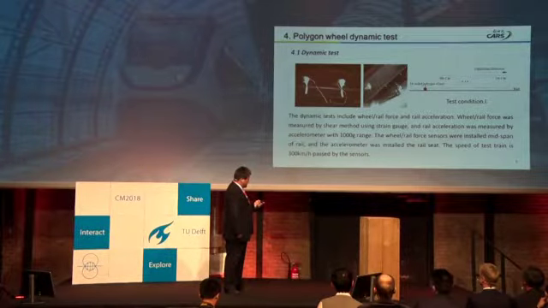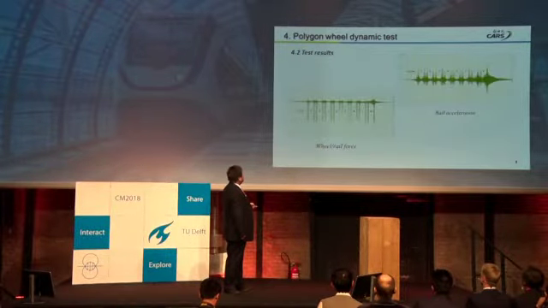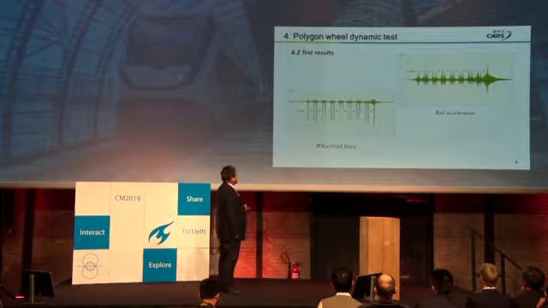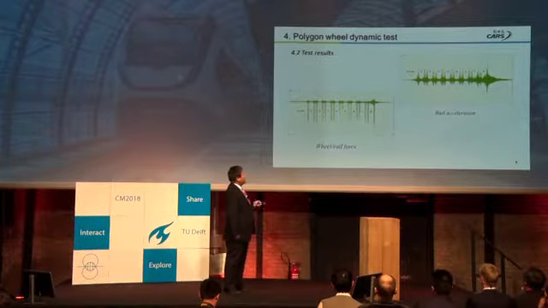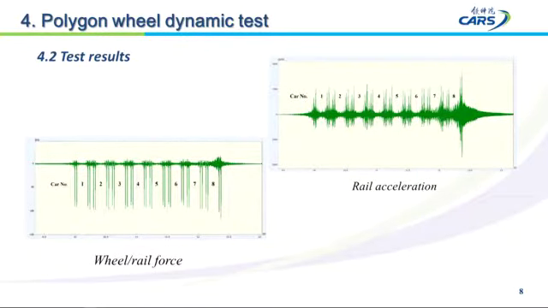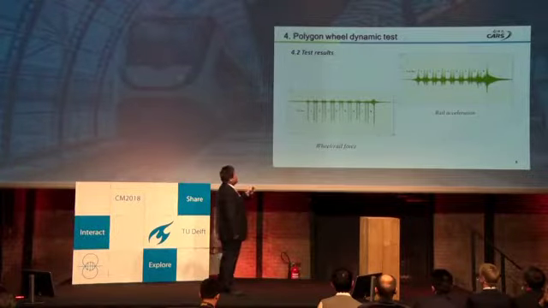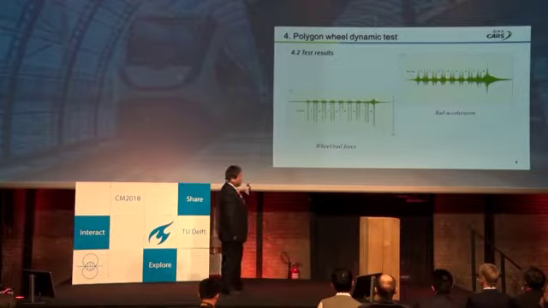This is the test result. The left picture is the wheel-rail force, and the right is the rail acceleration.